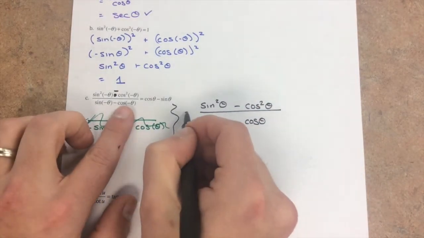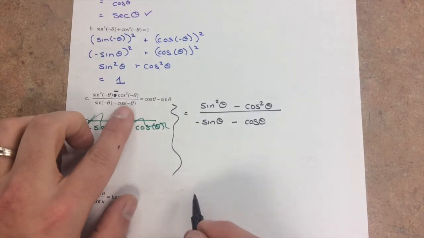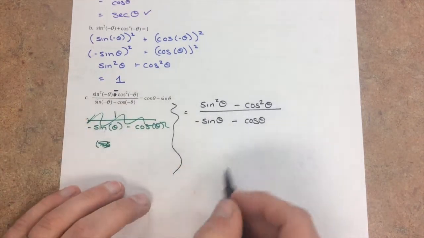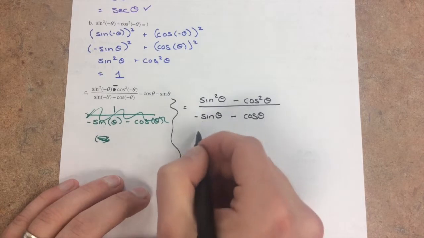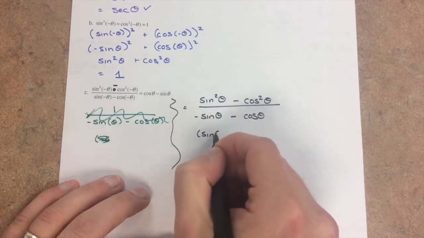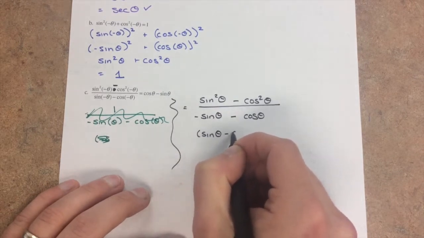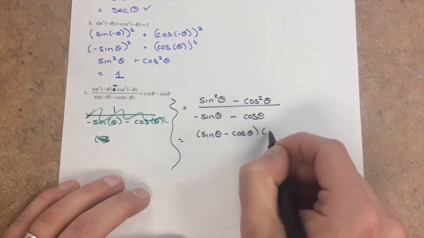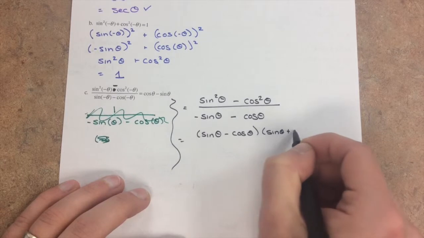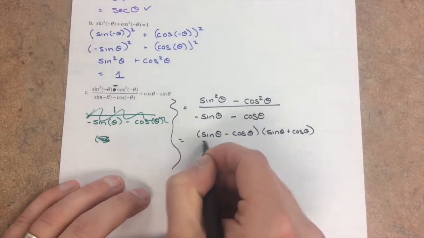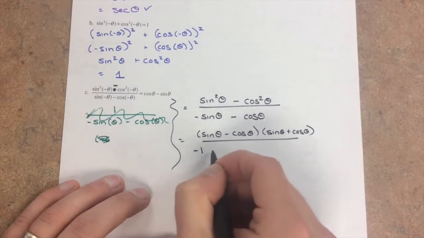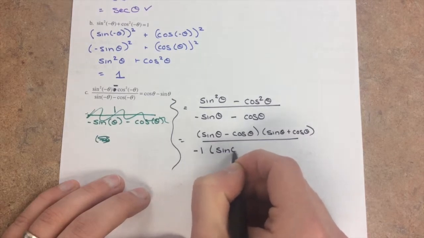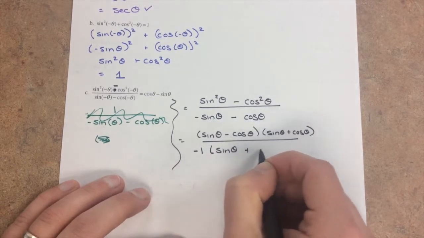Now our next step, I'm going to try and factor the top. These are the difference of two perfect squares, which you can factor most definitely. So that's sine theta minus cosine theta, and then sine theta plus cosine theta. And on the bottom, I'm going to factor out a negative 1, and we have sine theta plus cosine theta.